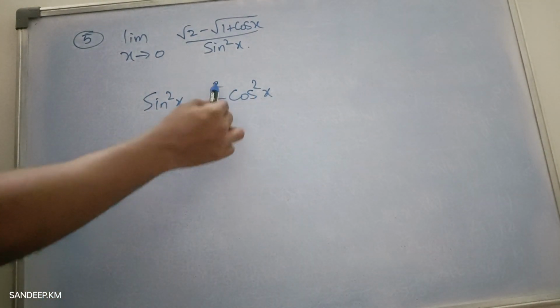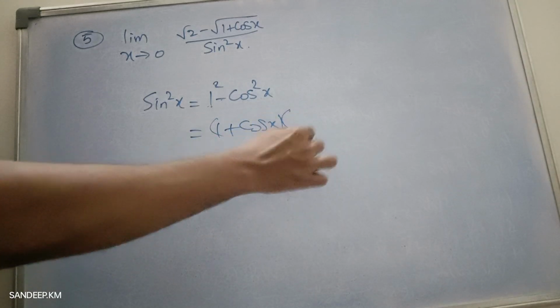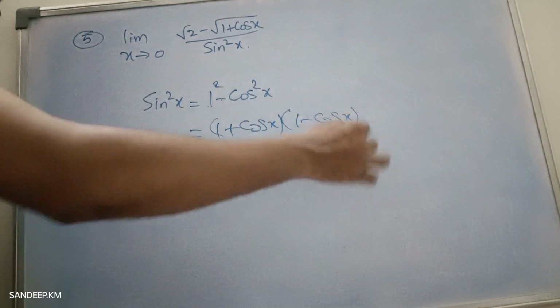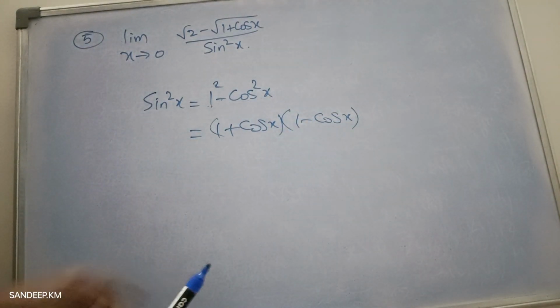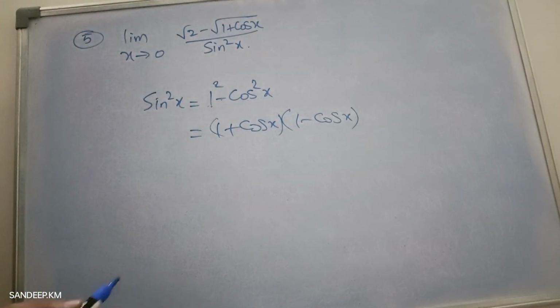Using a square minus b square, you can write it as a plus b into a minus b. So we can write 1 minus cos square x as 1 plus cos x into 1 minus cos x. So this is what we are going to use while solving this particular question, and we'll look into one more question in the topic of rationalization, and then we will wind up the topic.